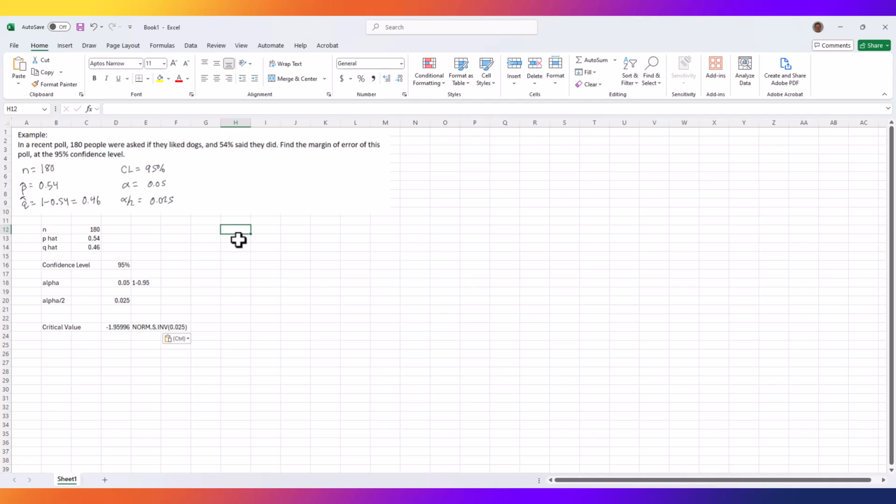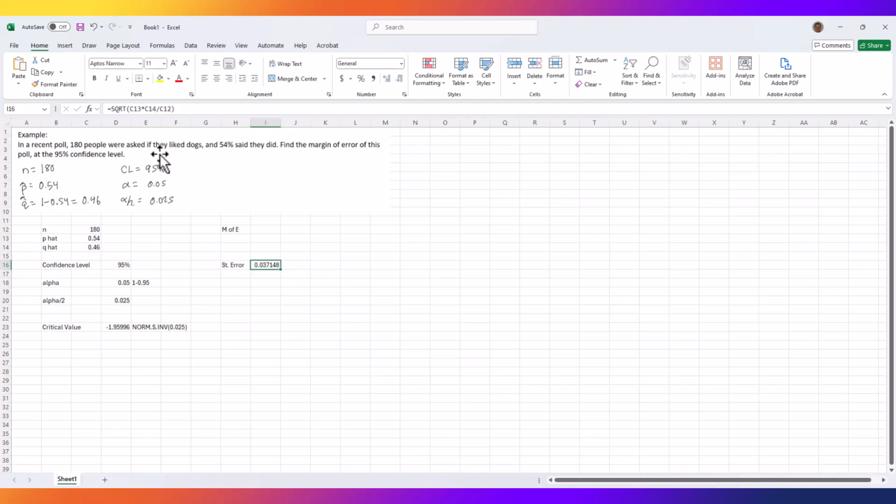So now finding that margin of error, and that's really capital E, but I like to say M of E for margin of error because there's a little bit to do here. We need the standard error. And the standard error for the proportion was that value we had above. It's the square root of P hat times Q hat divided by N. And I do like to click on the cells.